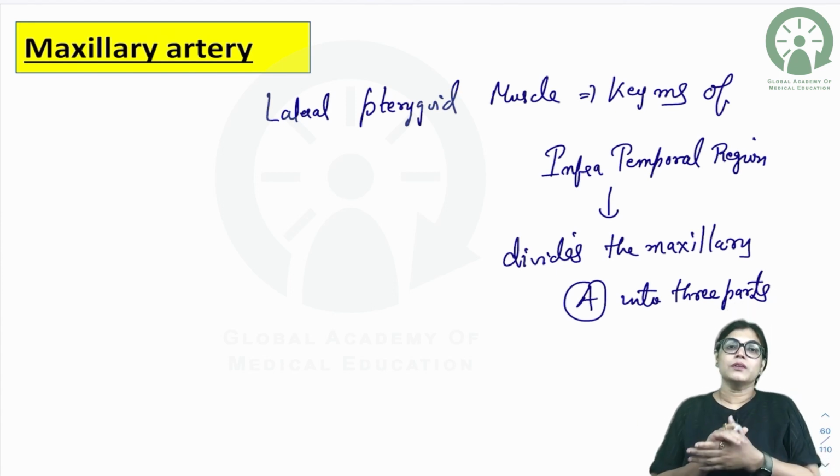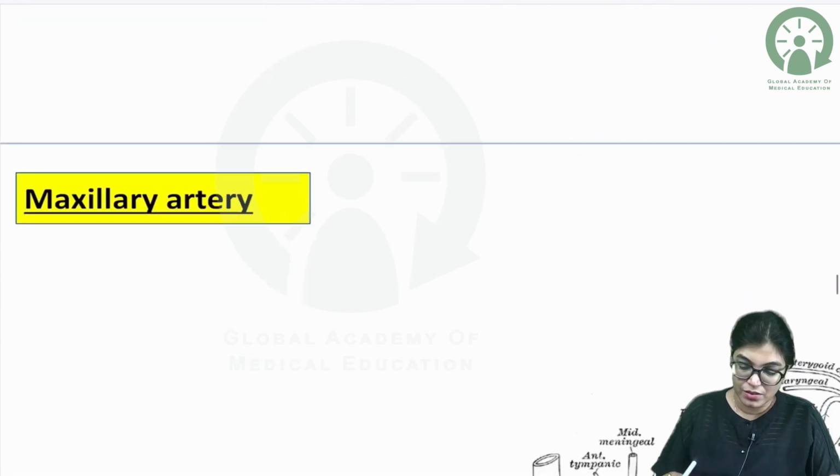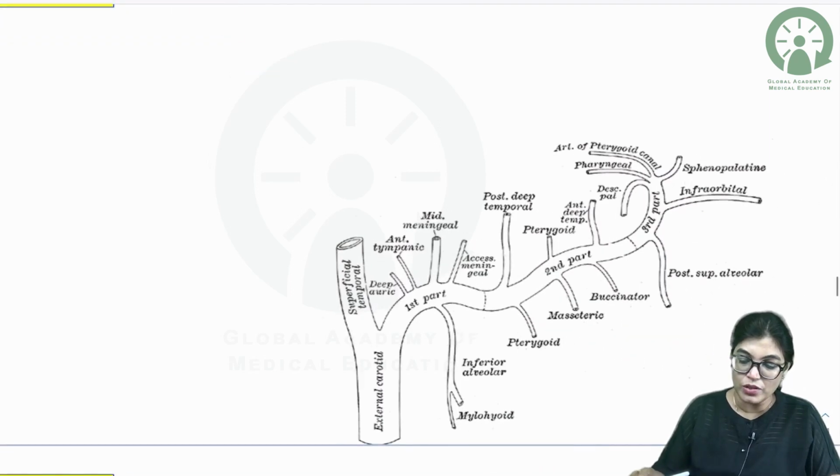And we have to know the branches from each part.